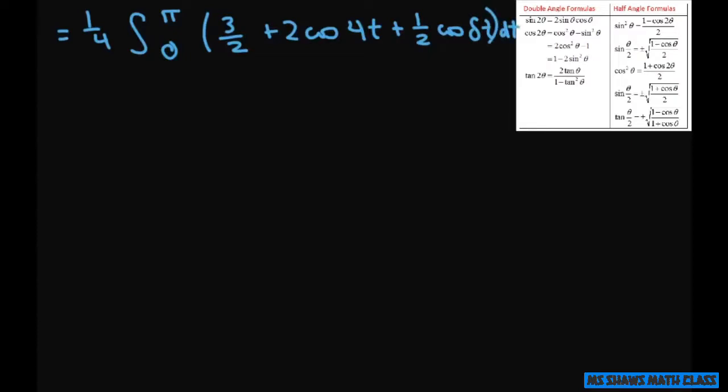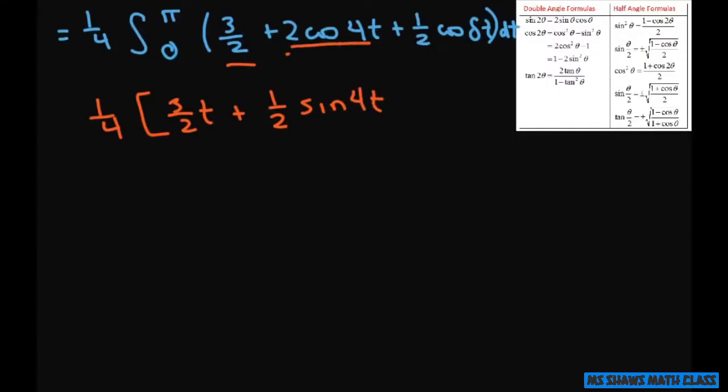Now, let's go ahead and integrate it. We're going to get 1/4, and then for this piece, that's going to be 3/2 t plus 1/2 sine 4t. Basically, you're taking the antiderivative of this.